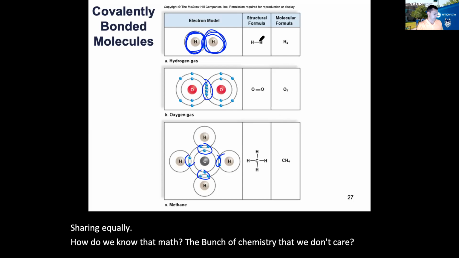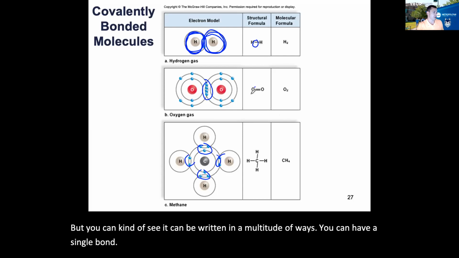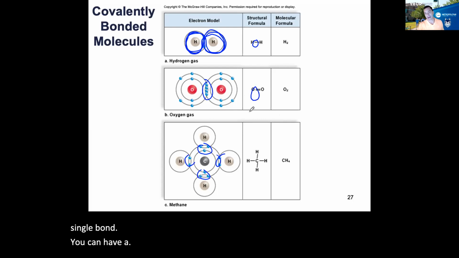As you can see, it can be written in a multitude of ways. You can have a single bond. You can have a double bond. And you can even have a triple bond as well. Strongest.